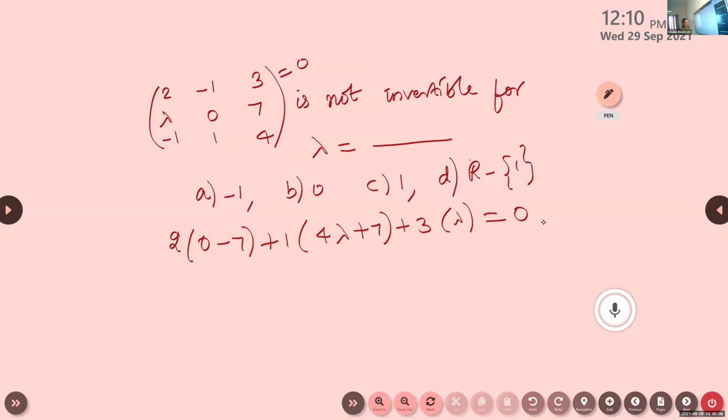So what is the value of lambda? Tomlin. Anila Mohanan, what is the answer? What is the value of lambda? Anila. Ma'am, 1. Yes, correct.